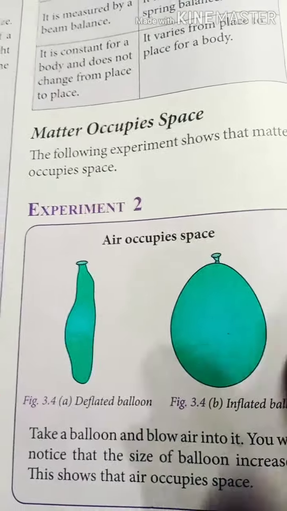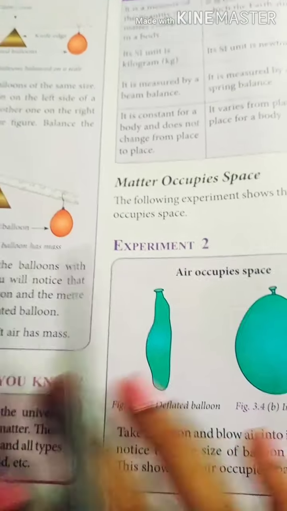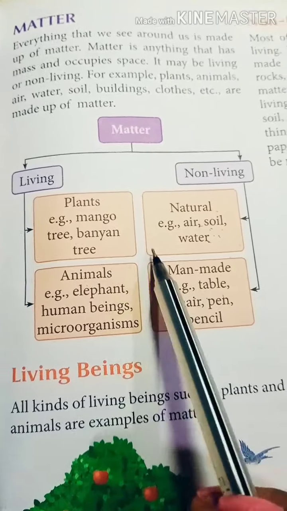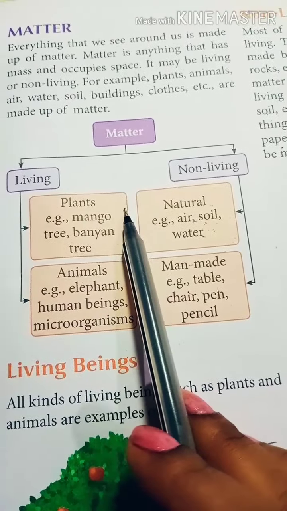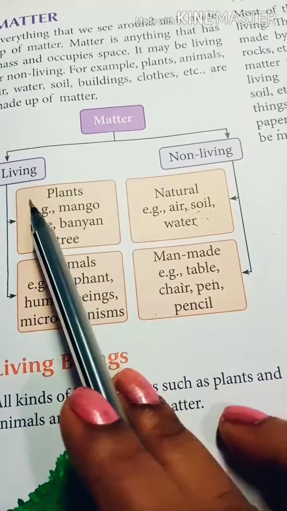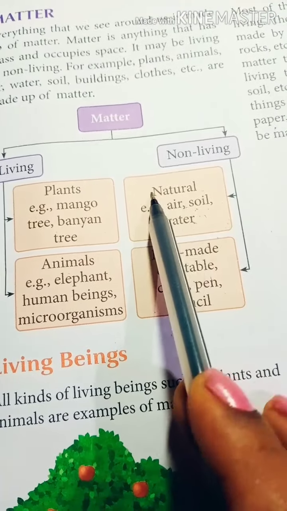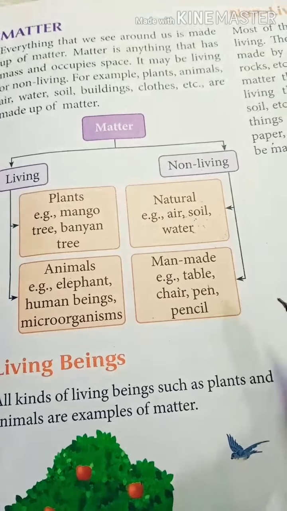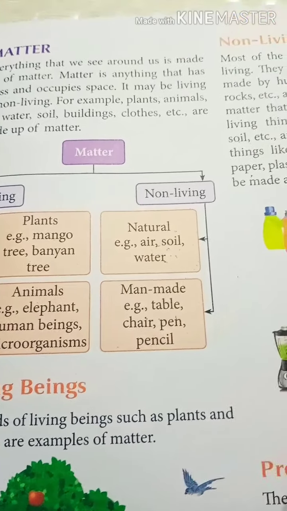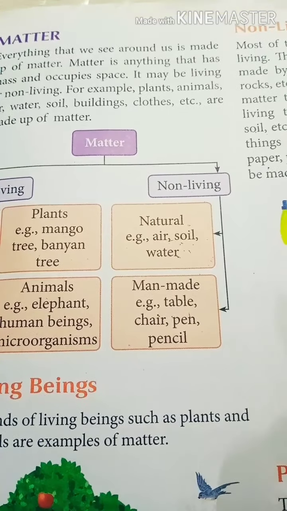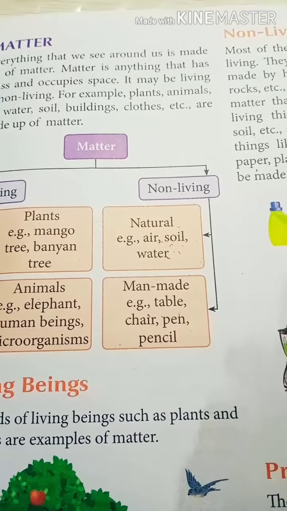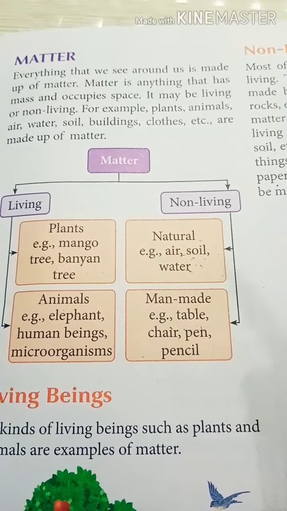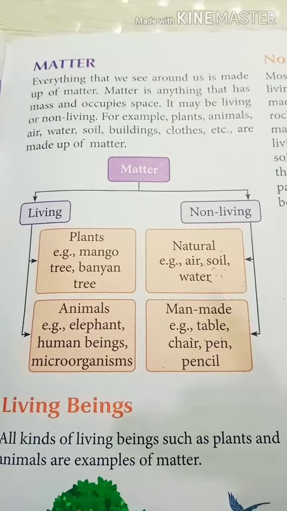Students, also draw this flow chart of matter and its classification on a white page of your chemistry note. And I am also giving some questions, you have to write the answers in your chemistry note on your own, and I will send those questions in a PDF file. Thank you.